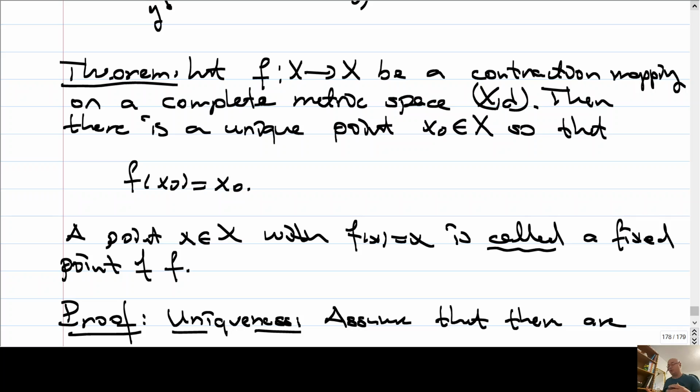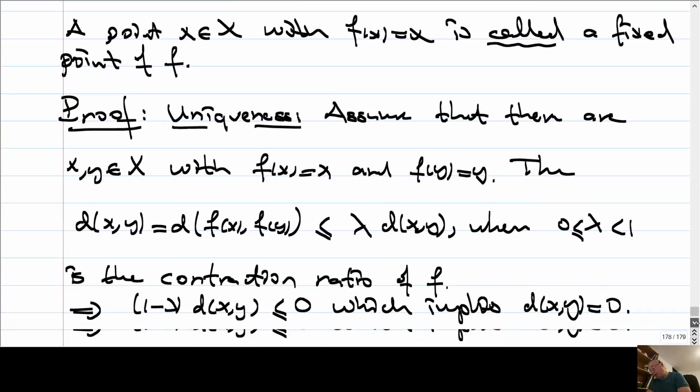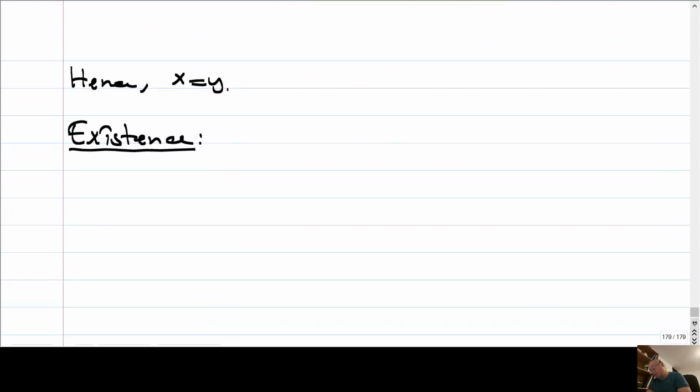Then you don't know which one to pick up. But if there is a unique point satisfying some conditions, then usually it is easy to find. Not always, but mostly. And this is one of those instances. So finding this fixed point will be very easy.